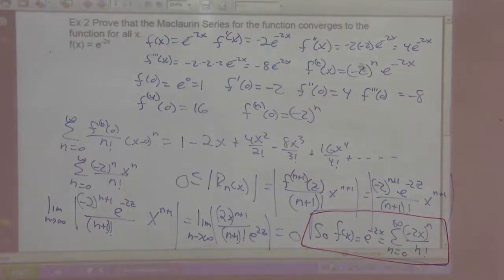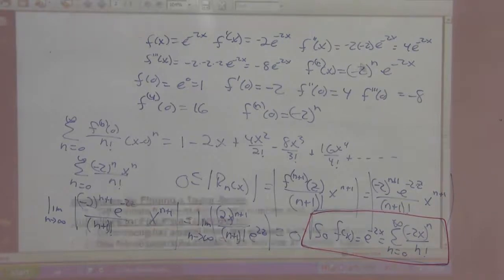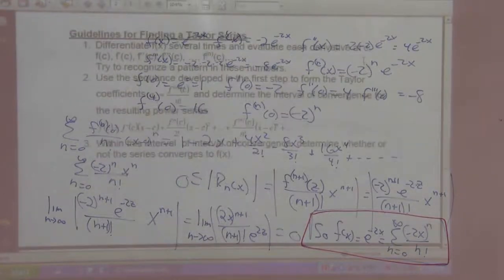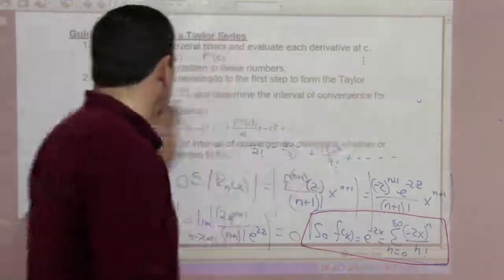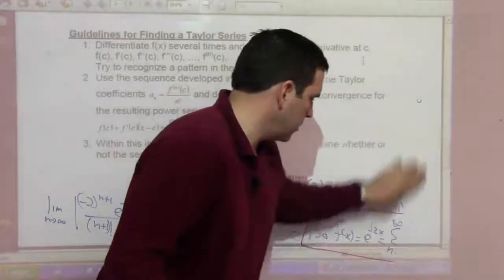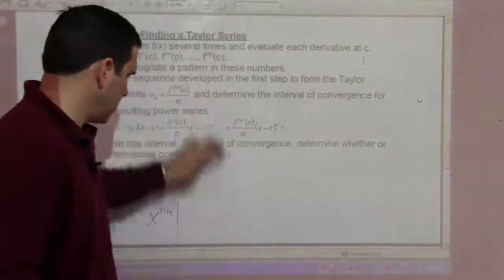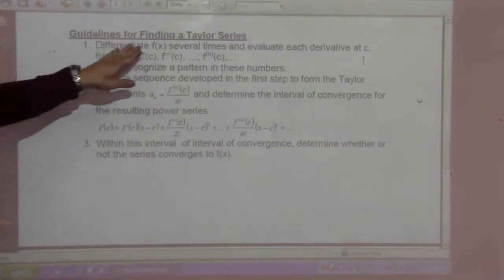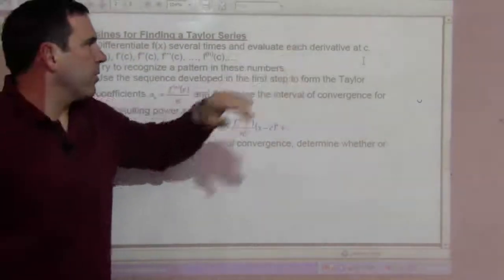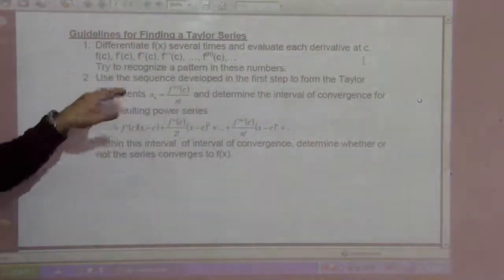As usual, feel free to pause that. I need to scroll up. This is guidelines for finding the Taylor series. Okay, differentiate f of x several times and evaluate each derivative at c. Try to recognize a pattern.